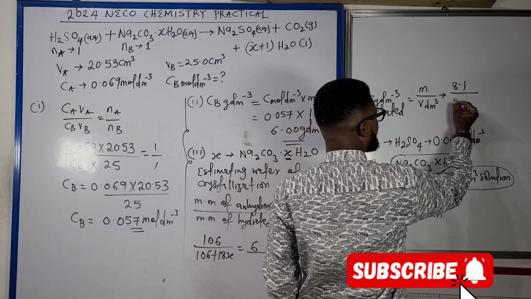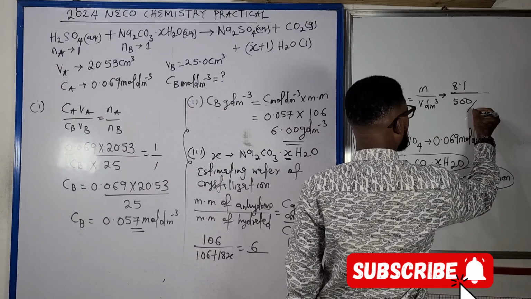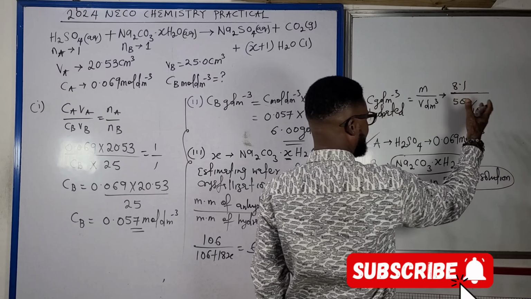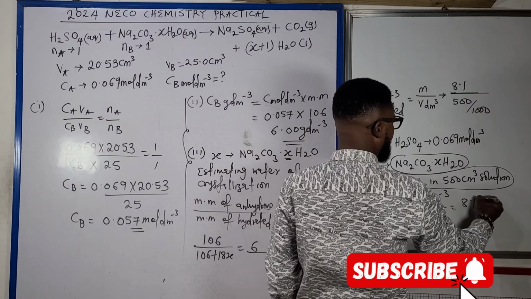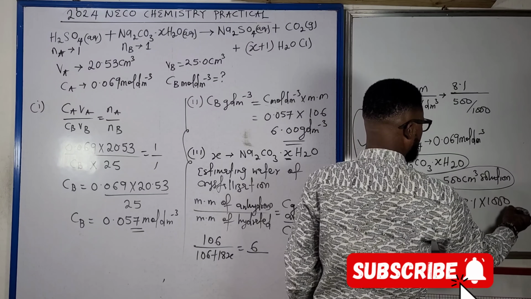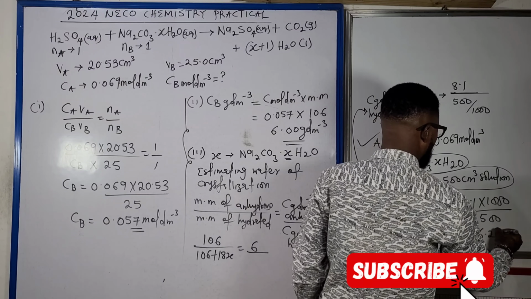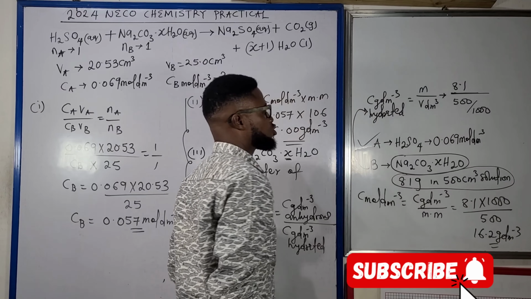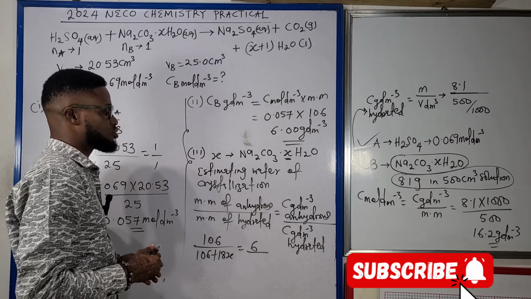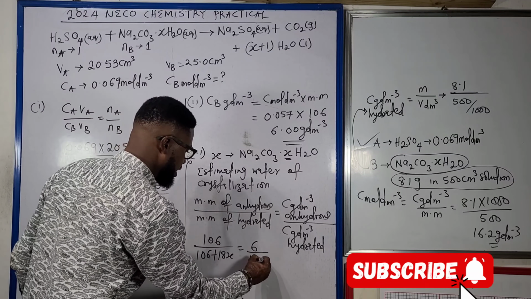To convert this to dm cube, we divide by 1000, which means 8.1 times 1000 divided by 500. That will give us 16.2 gram per dm cube. This 16.2 here is the mass concentration of the hydrated. So we're going to slot that in here.